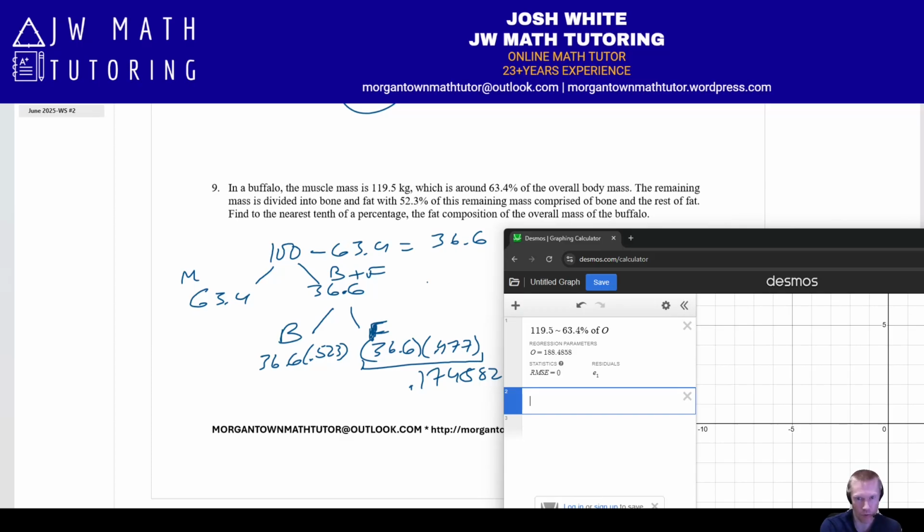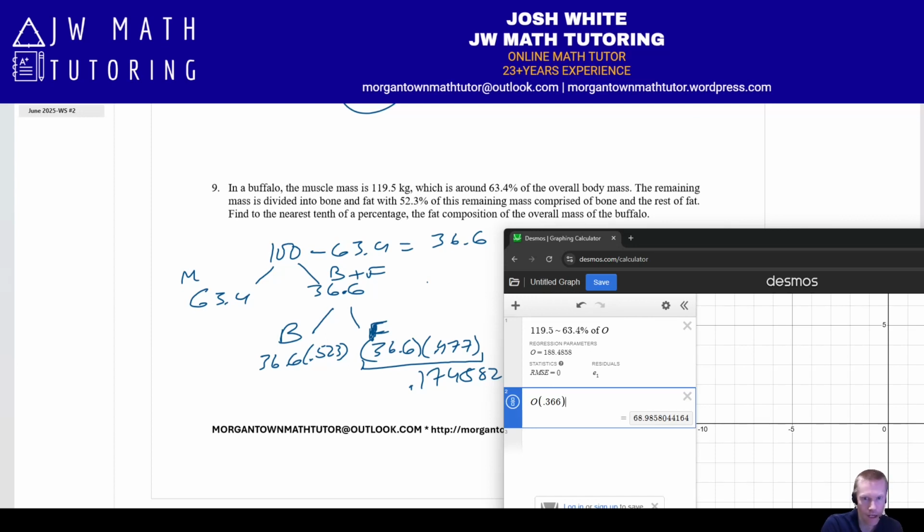The overall mass is 188. Therefore, if we take the overall mass and multiply that by the 0.366, this is the mass, 68.985. This is the mass of bone and fat together.